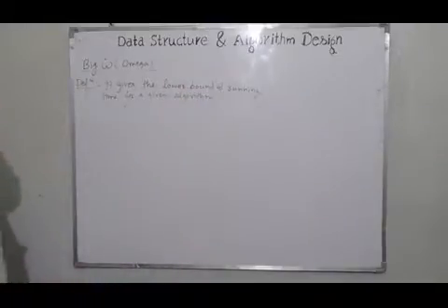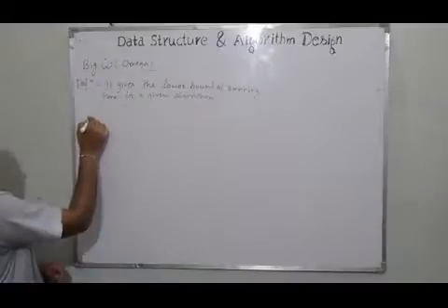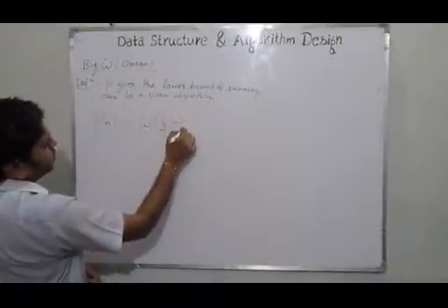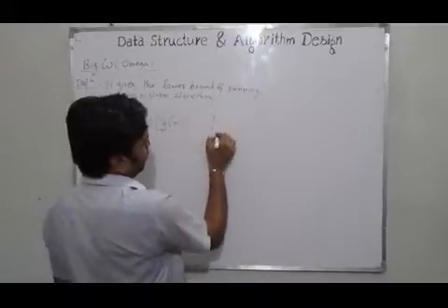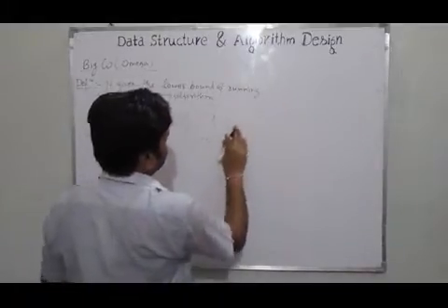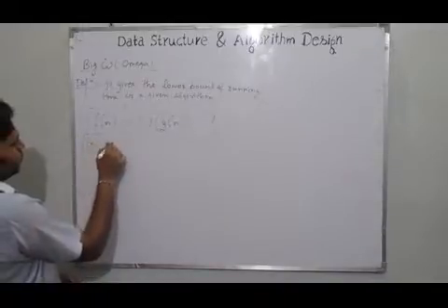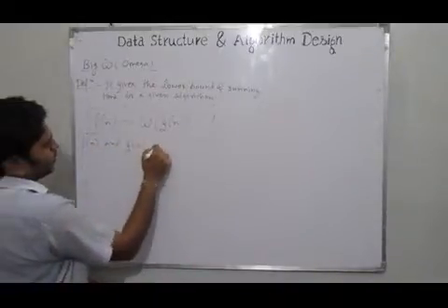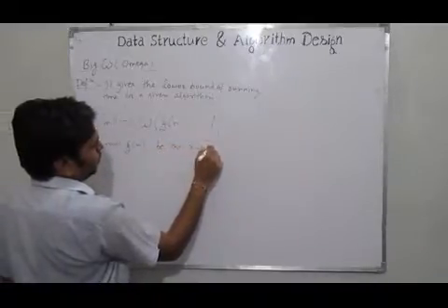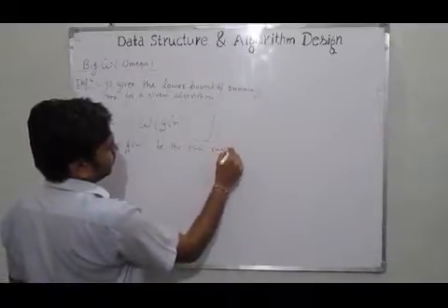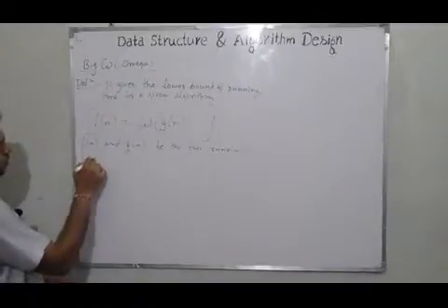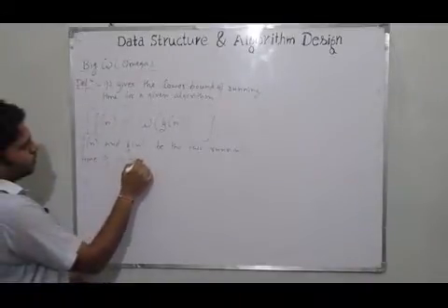Fine. So if we define it in terms of omega, we are going to obtain this very important relation, and here f(n) and g(n) are two running times of a given algorithm.